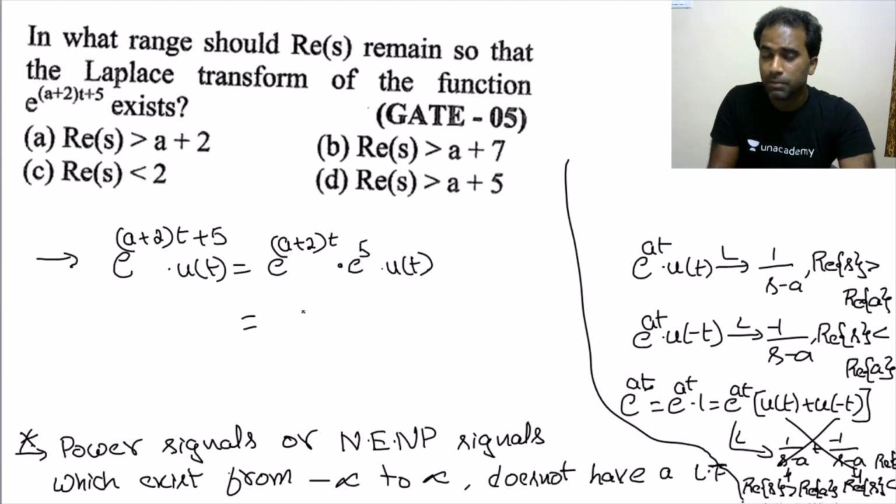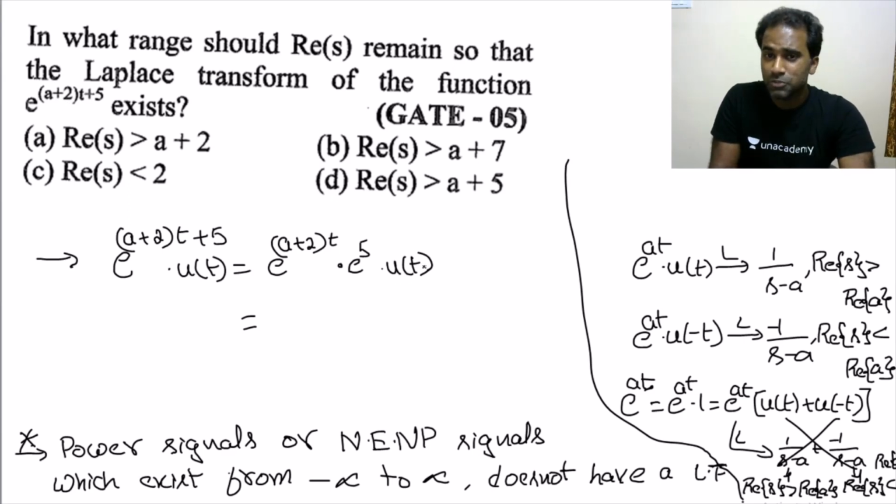So we can assume u of t is there whenever it is not given, based on the problem. If they ask for the Laplace transform of this signal exactly, then you cannot assume u of t, because it does not exist. Right here they are saying the ROC exists and they are talking about this signal, so we can assume that u of t is there.